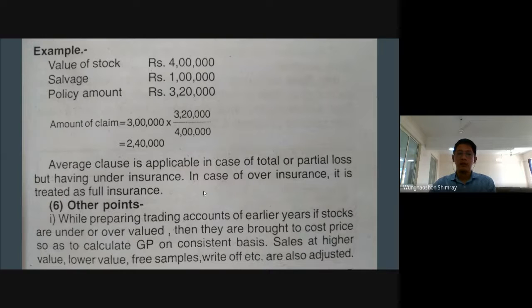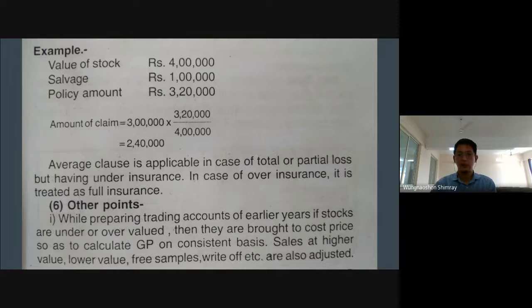Next, while preparing trading accounts of earlier years, if stocks are under or overvalued, then they are brought to cost price. So they are making sure that there is nothing that is undervalued or overvalued. So we are looking at cost price to make that adjustment. This is to make sure that the gross profit is consistent.